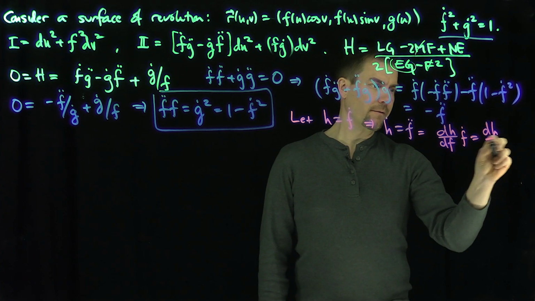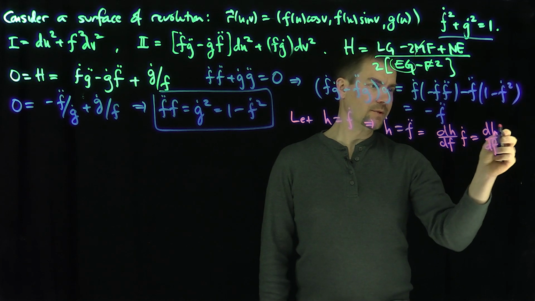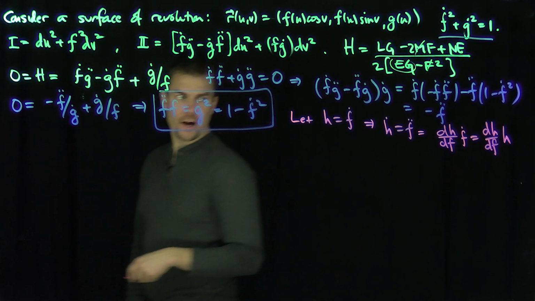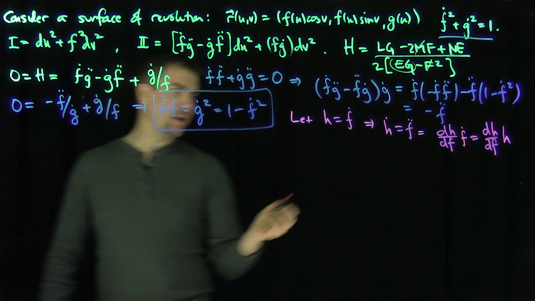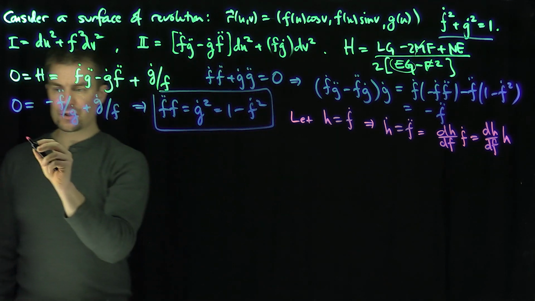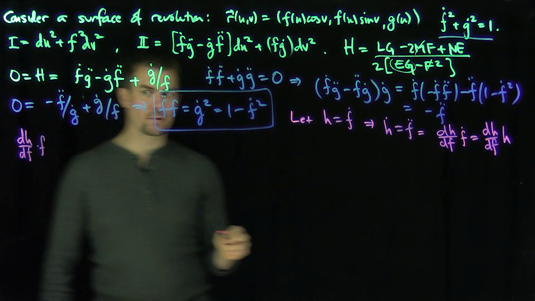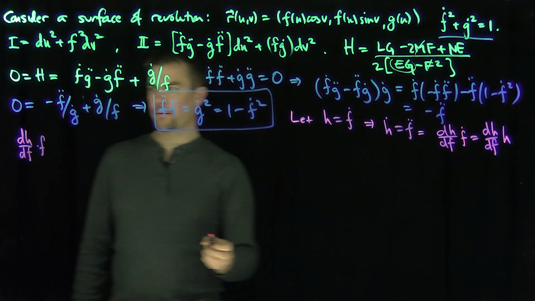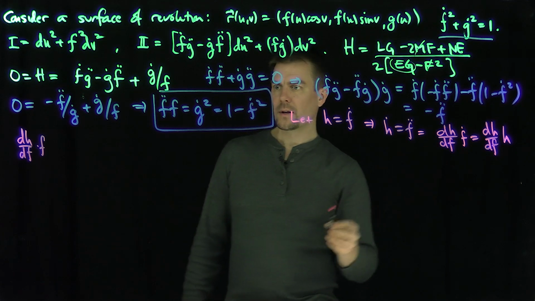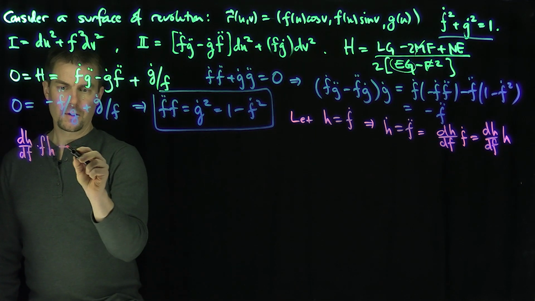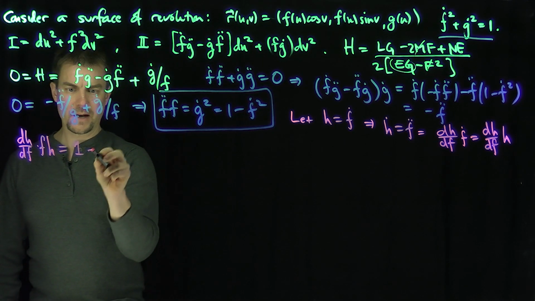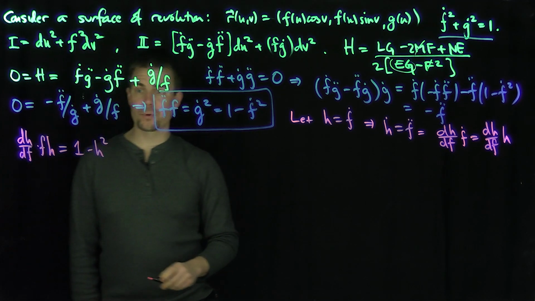That's dh df times h itself, okay? So if I make this substitution, my differential equation becomes the following. It becomes dh df times f, that's my f double dot, times f times h, of course, is equal to 1 minus h squared, which is now a separable differential equation, right?